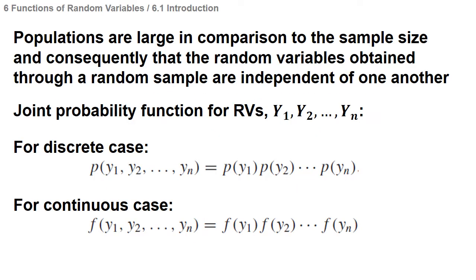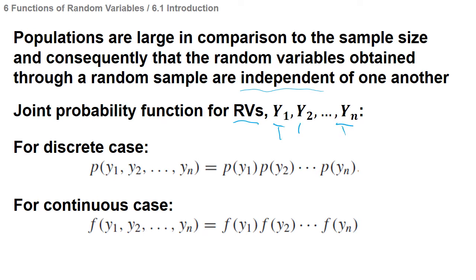In most situations, populations are large in comparison to the sample size. Consequently, for the random variables obtained through a random sample, we can assume that they are independent of one another. So we are assuming that y1 to yn are independent samples from the population.